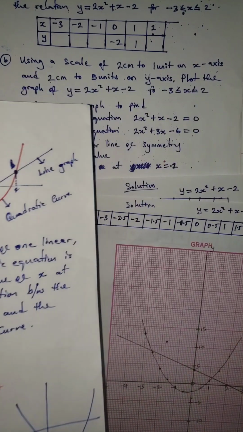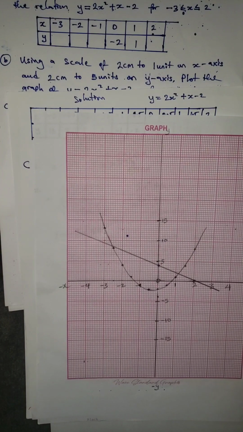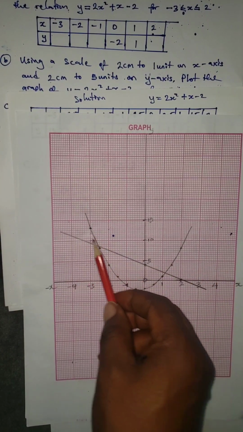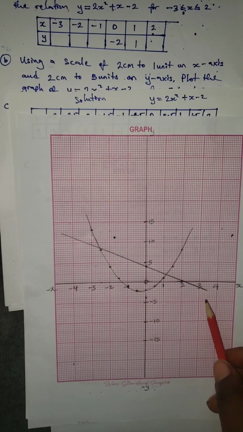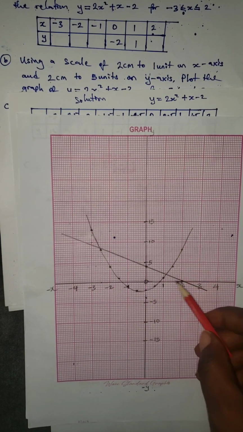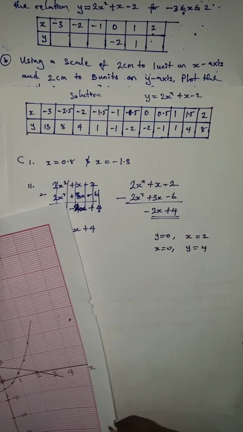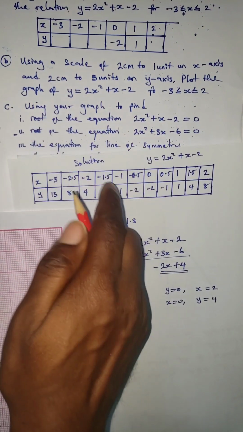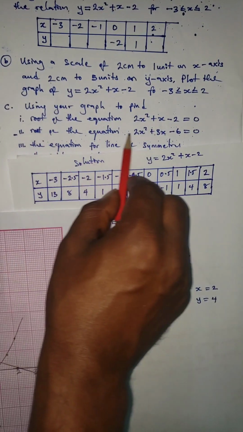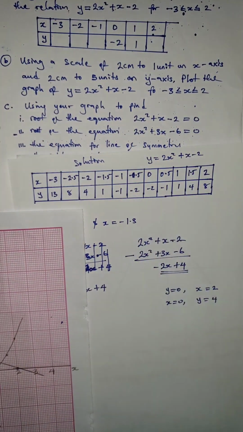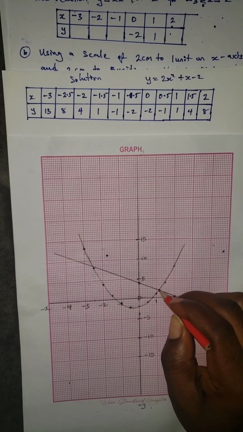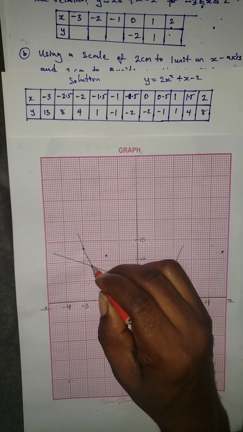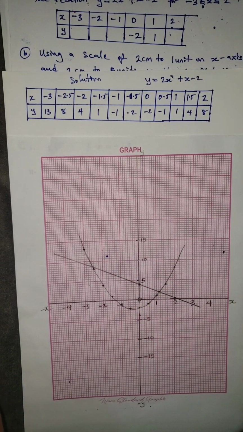So these two graphs together give me the equation I'm asked to find in C II. We need to find the value at the point of intersection, so we need to find the value of x.